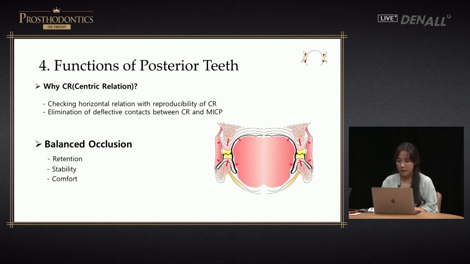Designing occlusion, you also have to check if the patient has a habitual occlusal position. If a patient has a habitual occlusal position and you position the mandible too posteriorly, resulting in improper CR, the patient would feel more uncomfortable than before.